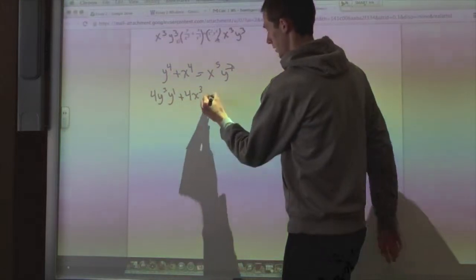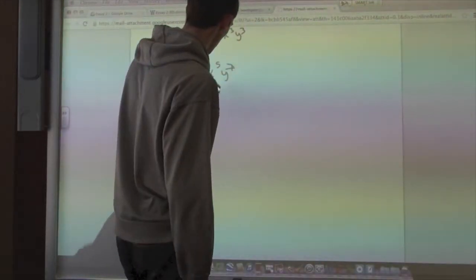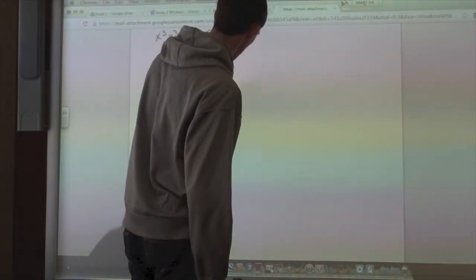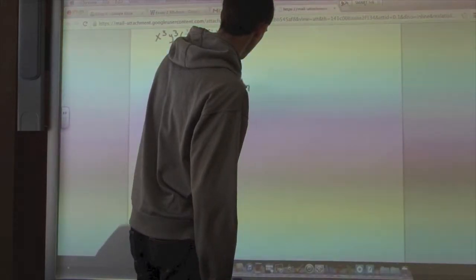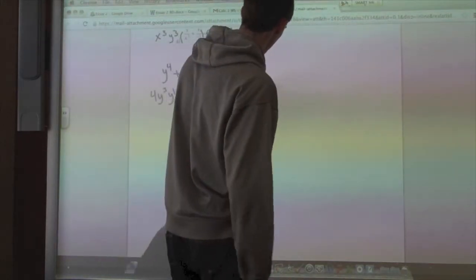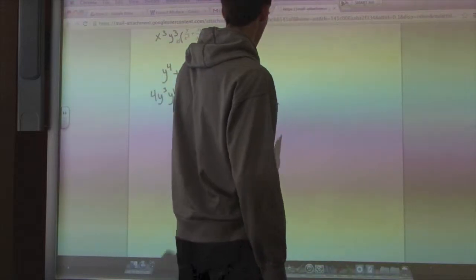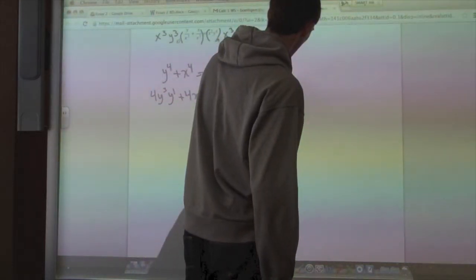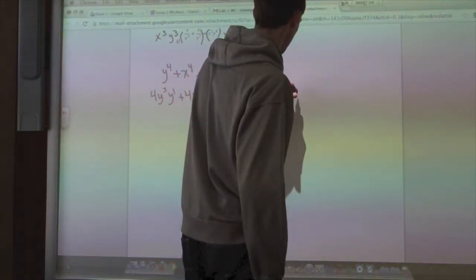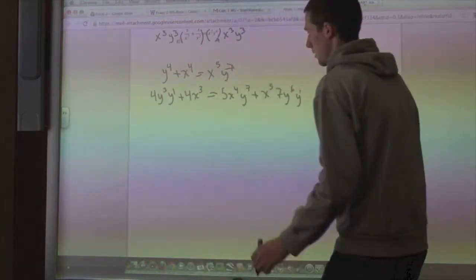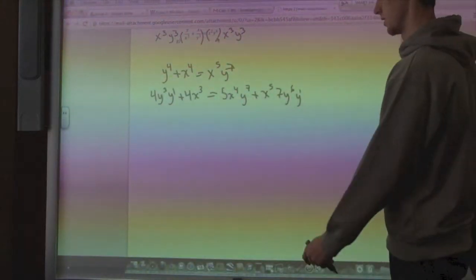And then we're going to do a product rule on the other side. So we'll take the derivative of the first one, which is 5x to the fourth, times the second one, y to the seventh, plus the first one, x to the fifth, times the derivative of the second one, y to the 7, y to the sixth, y prime. So go ahead and get all my y primes on one side.